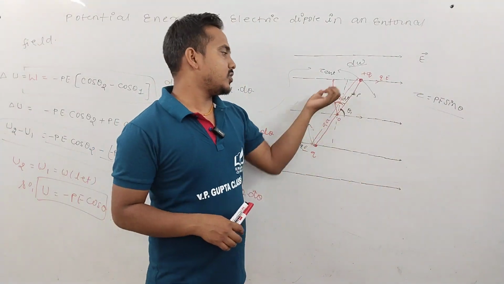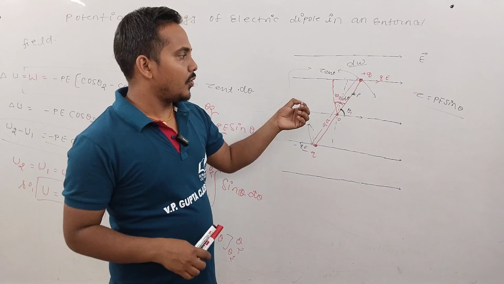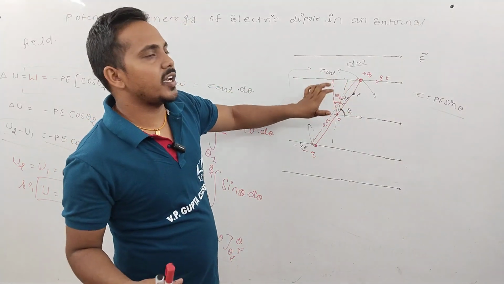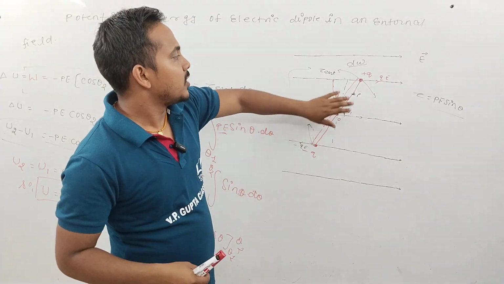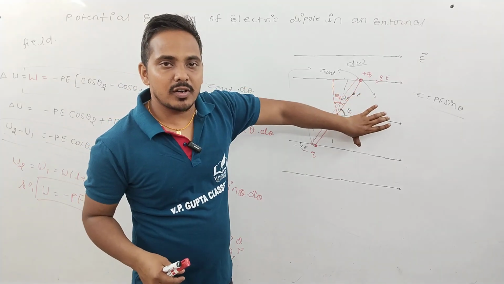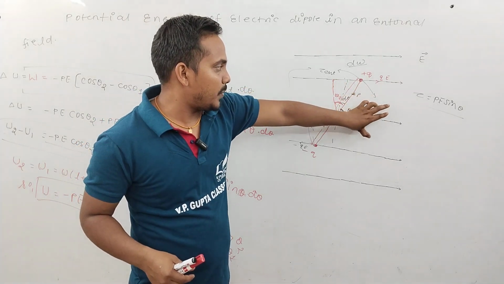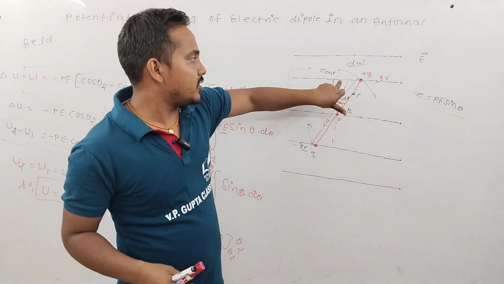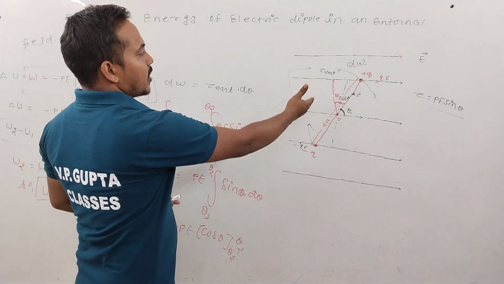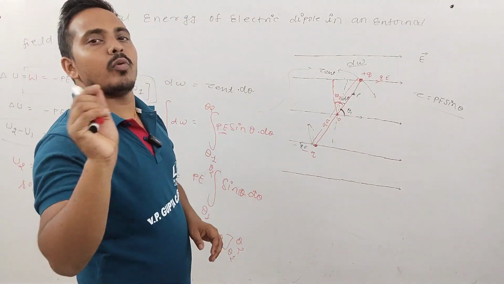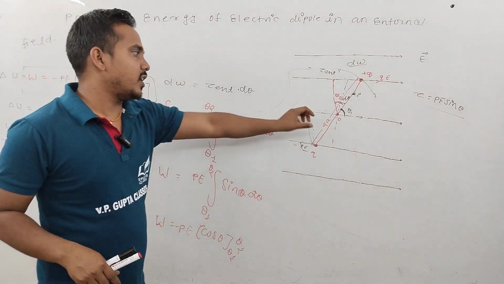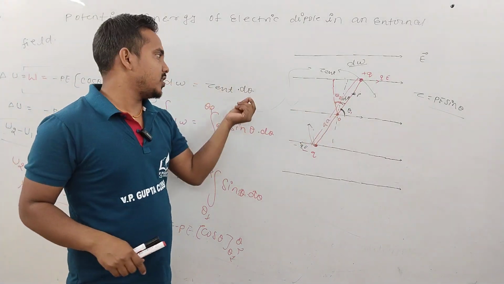So due to this rotating effect, we suppose tau ext is externally applied, and it neutralizes the torque pE sin theta, so tau ext is equal to pE sin theta. So a small work done dW is done, and the angular position changes by a small d theta.